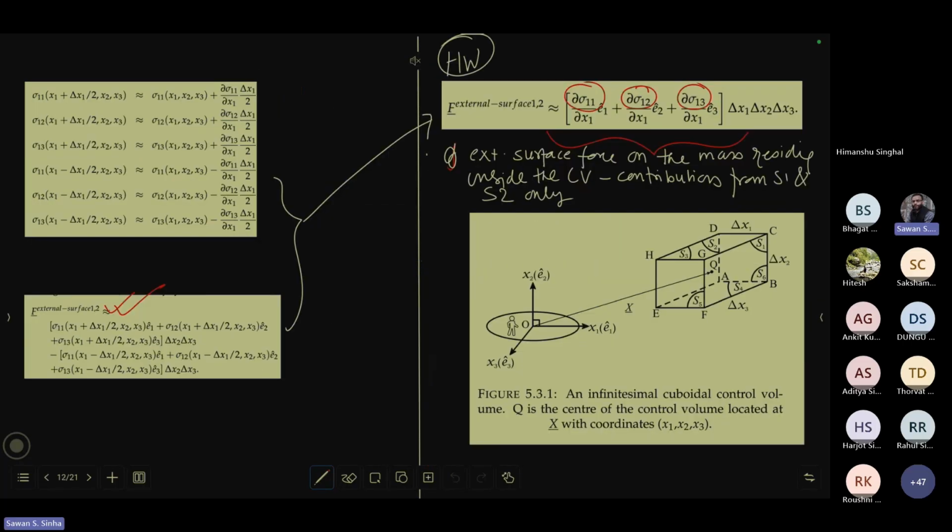Once you use Taylor series expansion, it just turns out to be like this. So two of these factors come because of area, and one of these comes because of the Taylor series derivative.